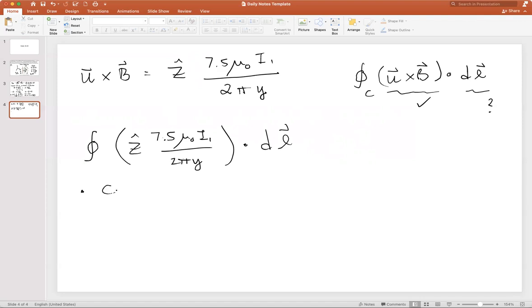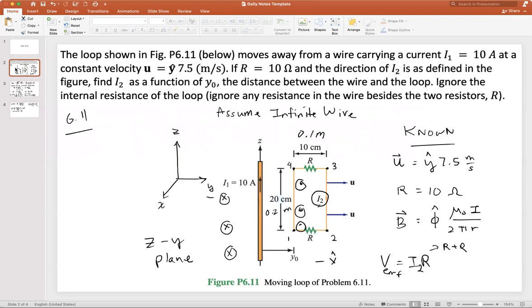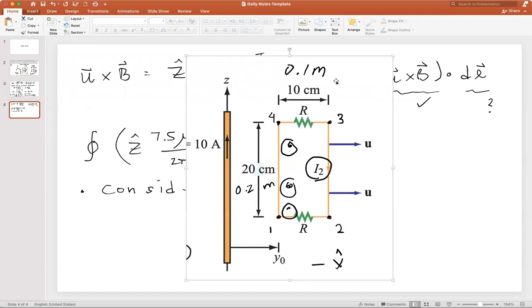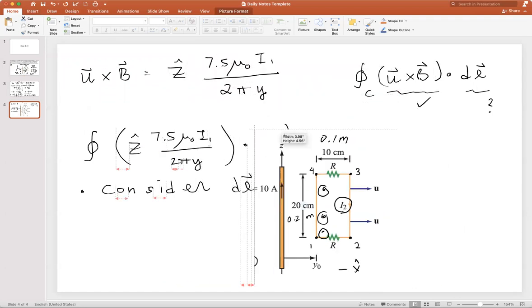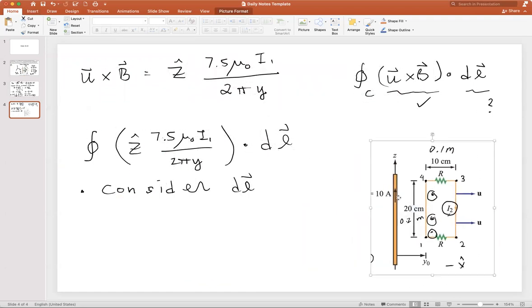So let's consider dL. Looking at this problem, recall I labeled each of the 4 corners of our loop of wire, and we could find a dL for each segment of the wire.